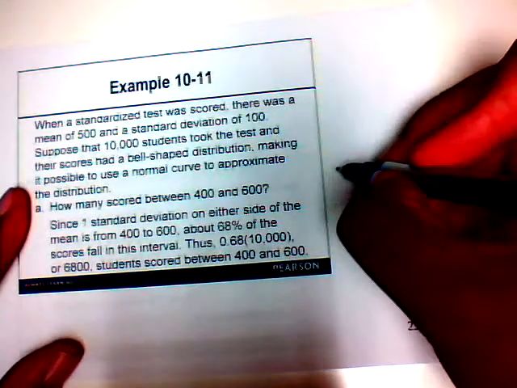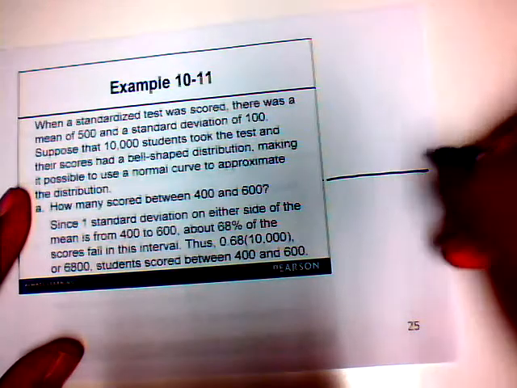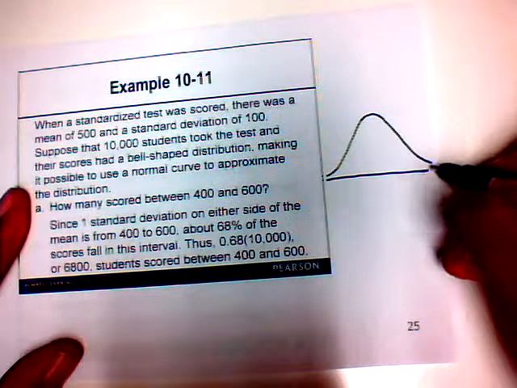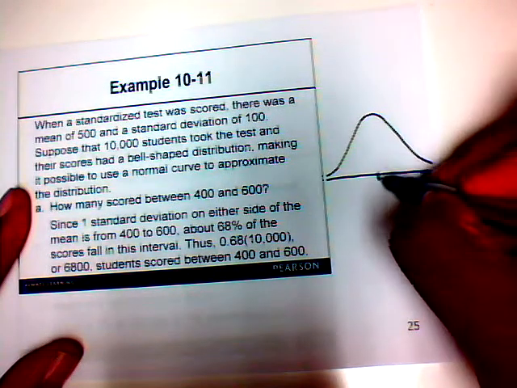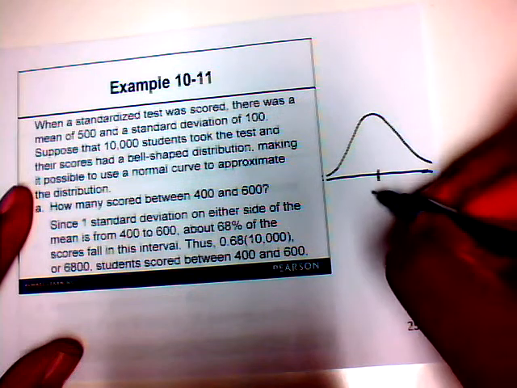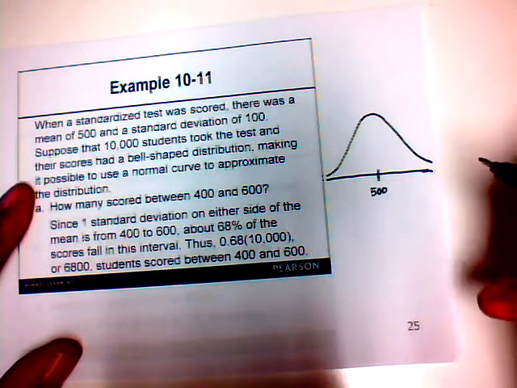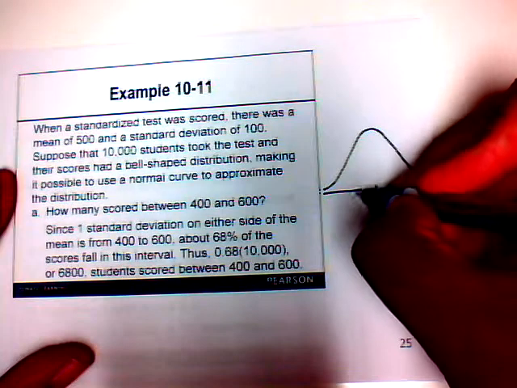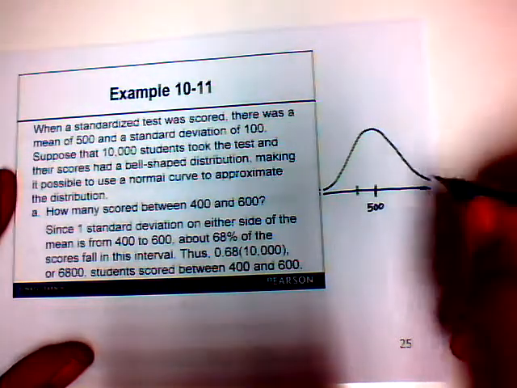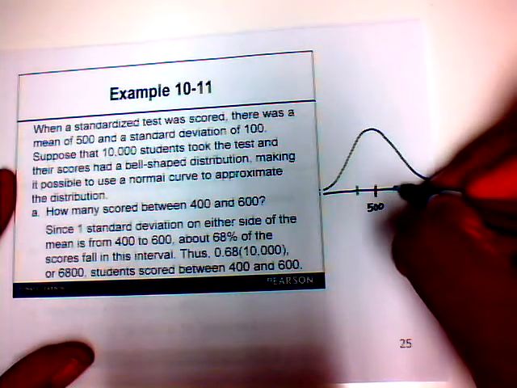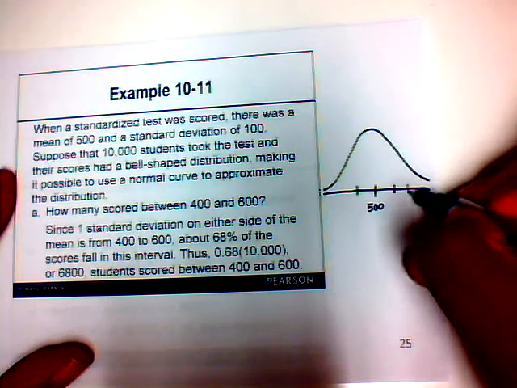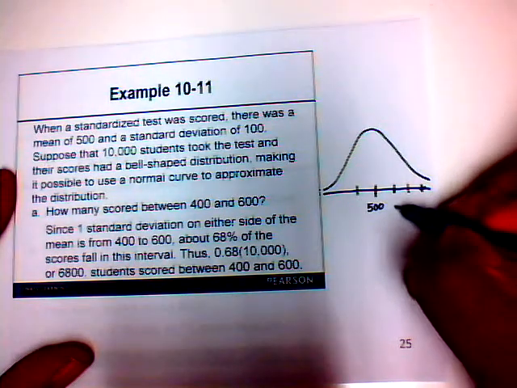So now what I'm going to do is draw the normal curve. And we're told that the mean was 500. We want to find out how many scores are between 400 and 600. The standard deviation, by the way, is 100, so one standard deviation to the right will be 600.